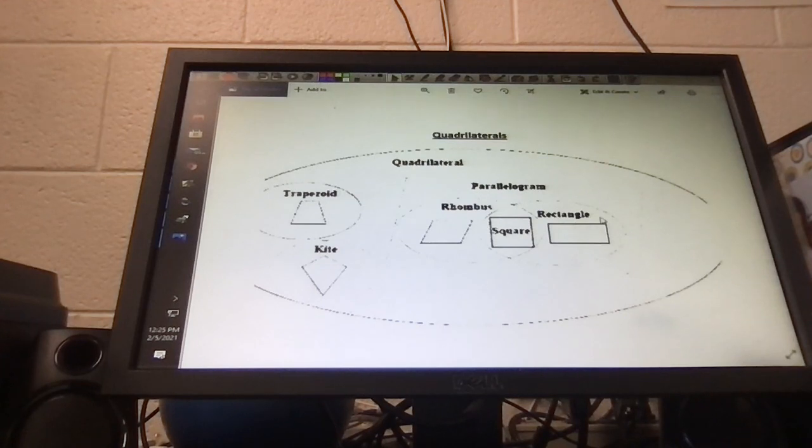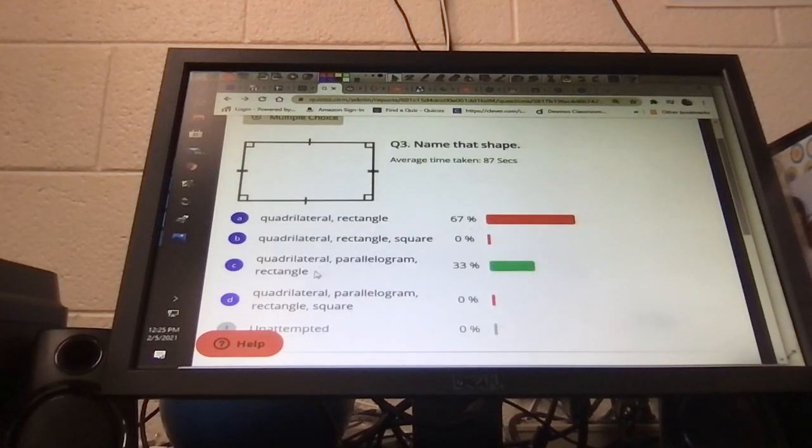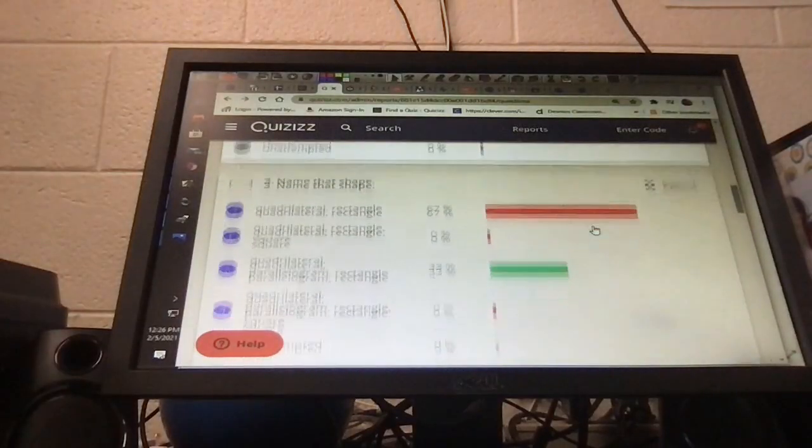So this rectangle bubble is in the parallelogram bubble, which is in the big quadrilateral bubble. So that's why it would be quadrilateral, parallelogram, and rectangle. Okay, so just look at your worksheet to help you out with that. We'll just keep going here.